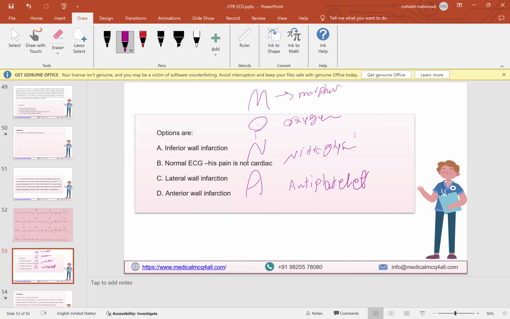First, morphine. How much is the dosage? Minimum 4 milligram. Yeah, you go 3 to 5 milligram. You start with 3 to 5 milligram. You can titrate based on the patient's response.